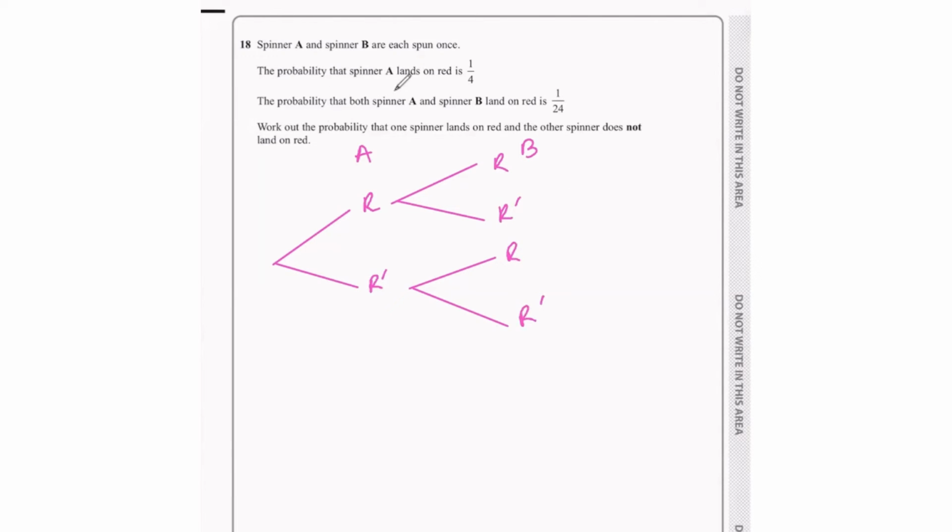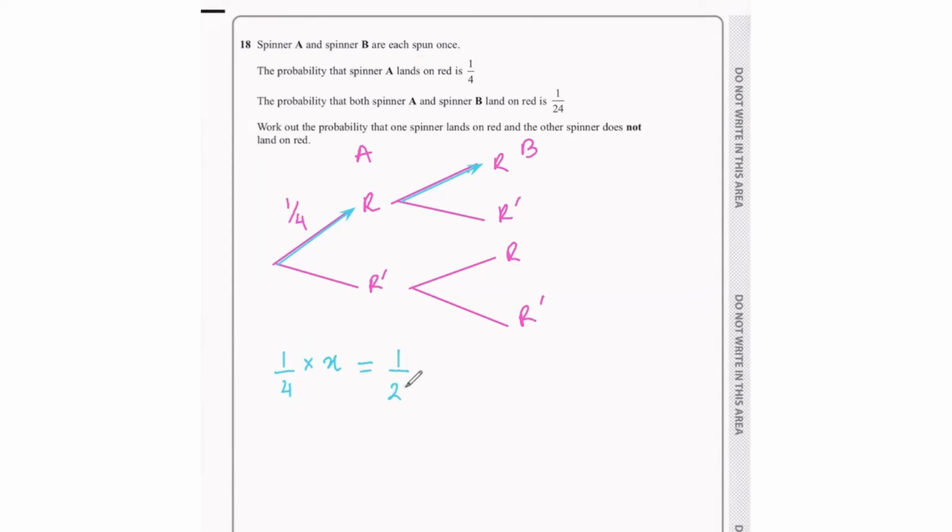So probability that spinner lands on red is 1/4. The probability that both spinner A and spinner B land on red is 1/24, which means we'll be looking at the root from this to this. So that's going to be 1/4 times x, because we don't know what the probability is over here.